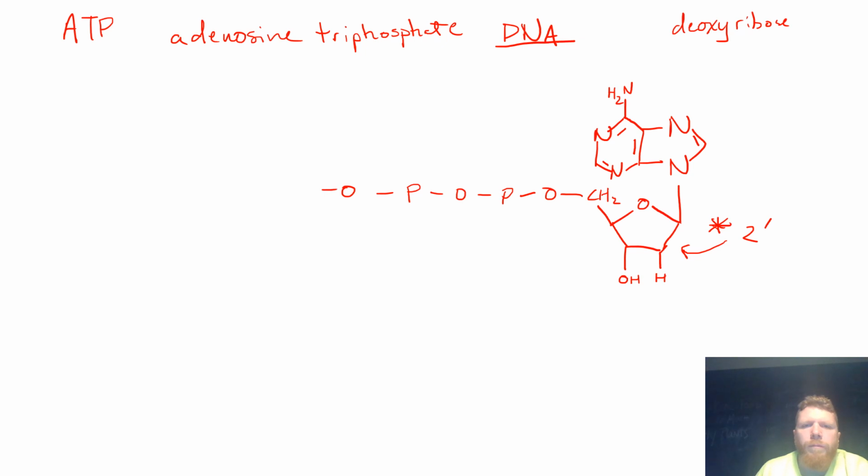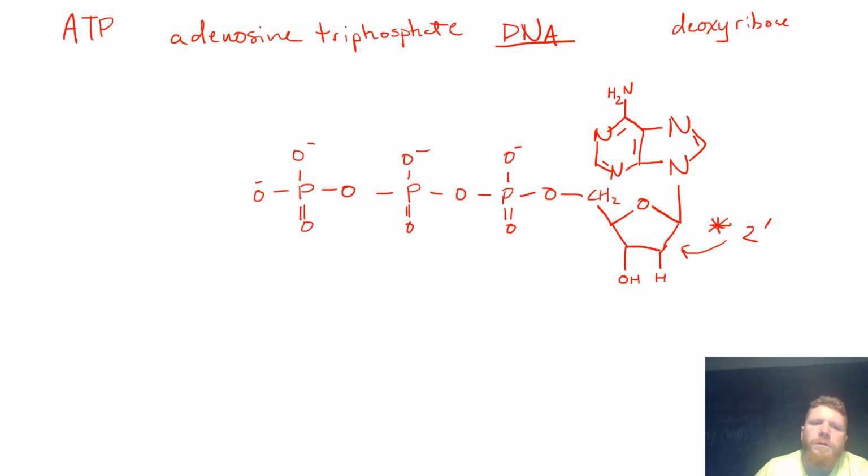O, P, O, O, O, O, and then double bonds, O, O, O. We have to put negative charges in there. 1, 2, 3, 4. Now, this is an adenosine triphosphate molecule.